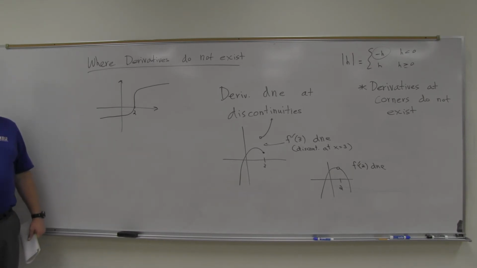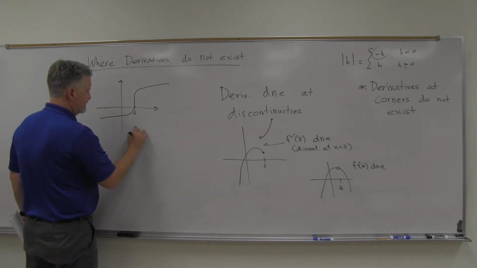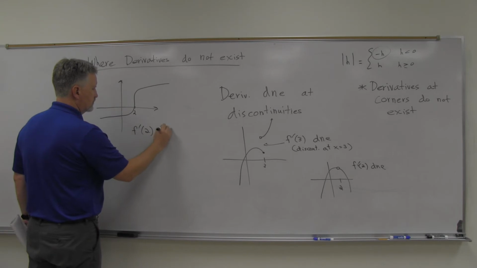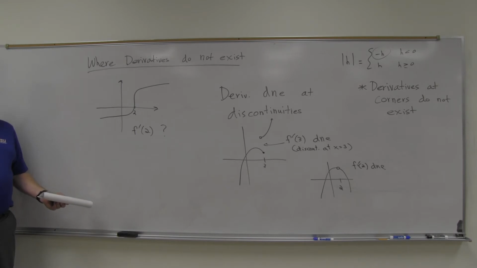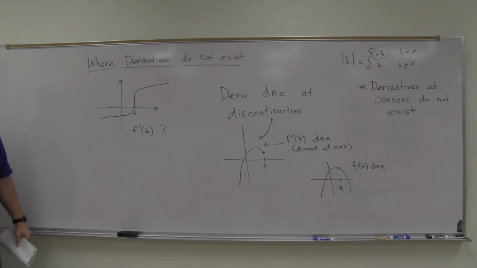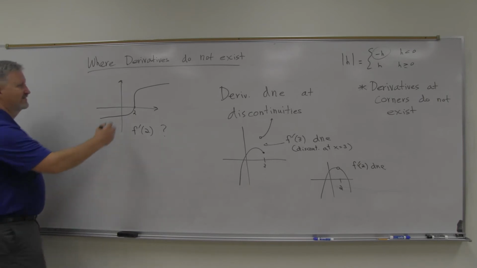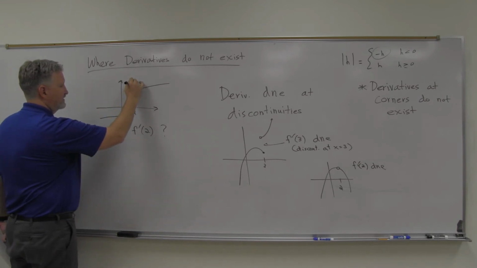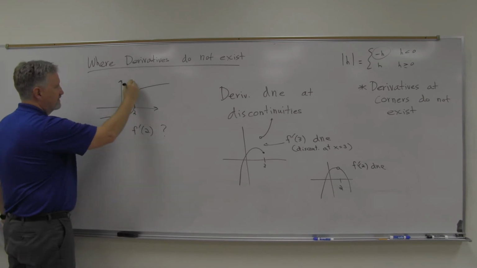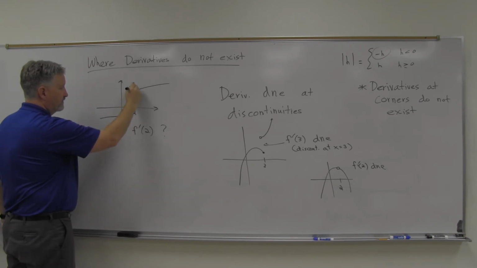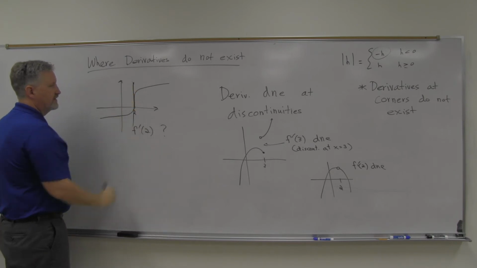In this particular case, if I think about the derivative at 2, derivative is tangent line. So if I draw a tangent line at 2, what are you seeing? The tangent line at 2 is a vertical line.